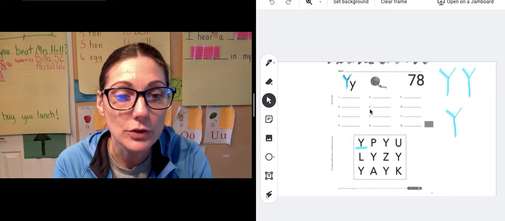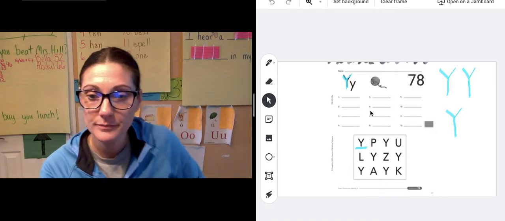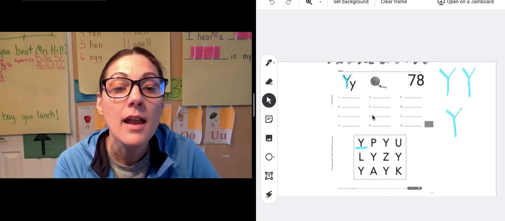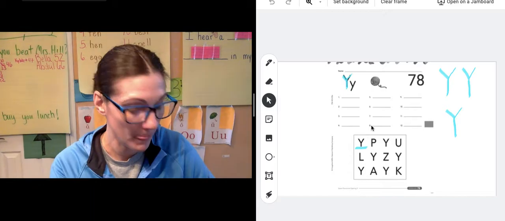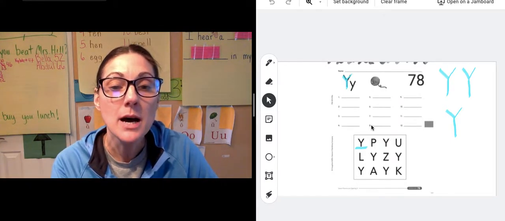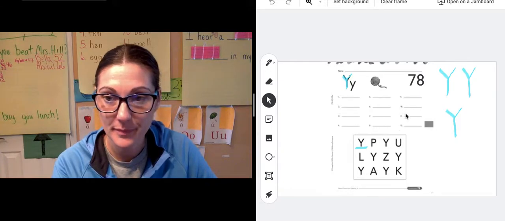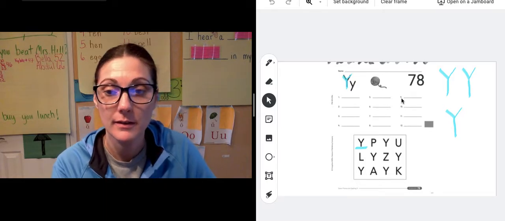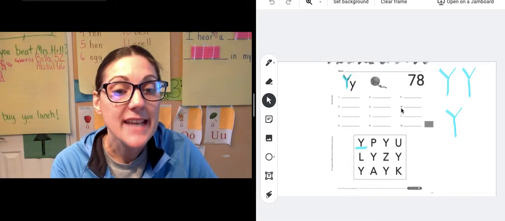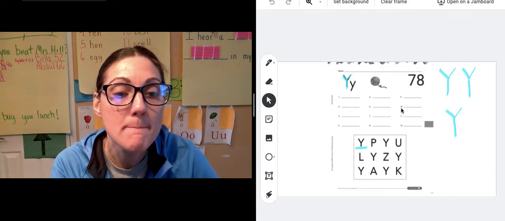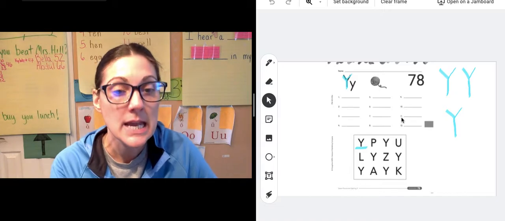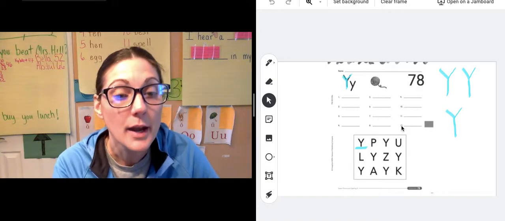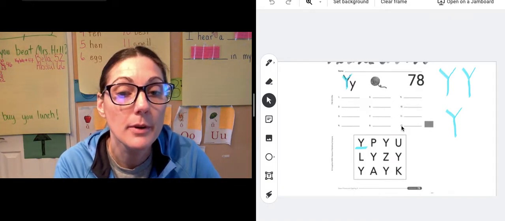Number 6, r, r, r. Number 7, n, n, n. Number 8, number 9, f, f, f. Number 10, mm, mm, mm. Number 11, t, t, t. And number 12, b, b, b.